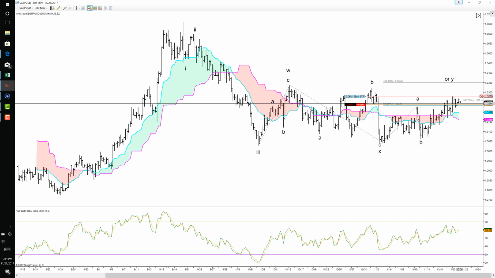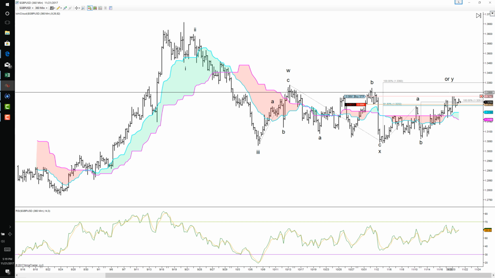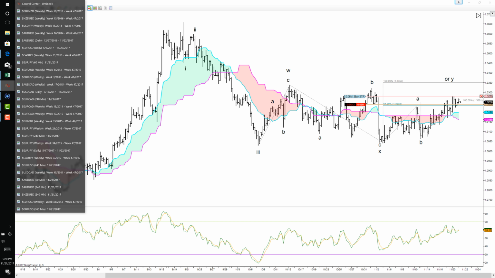Then you have another wave move up for wave Y of 4, and then the move to the downside. If that is correct, we shall see. That should probably happen sometime next week as well. I really haven't touched the New Zealand, which is a good trade going on, but I haven't looked at it in great detail yet. I just have too many trades going on right now.